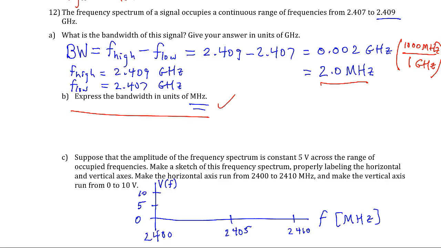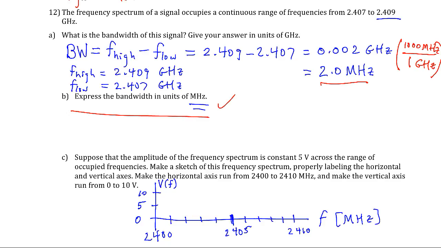The spectrum is non-zero in the range from 7 to 9, so I'm going to divide each of these into units. Now I have 1 megahertz units here, from 2400 to 2410, so each tick mark is 1 megahertz.